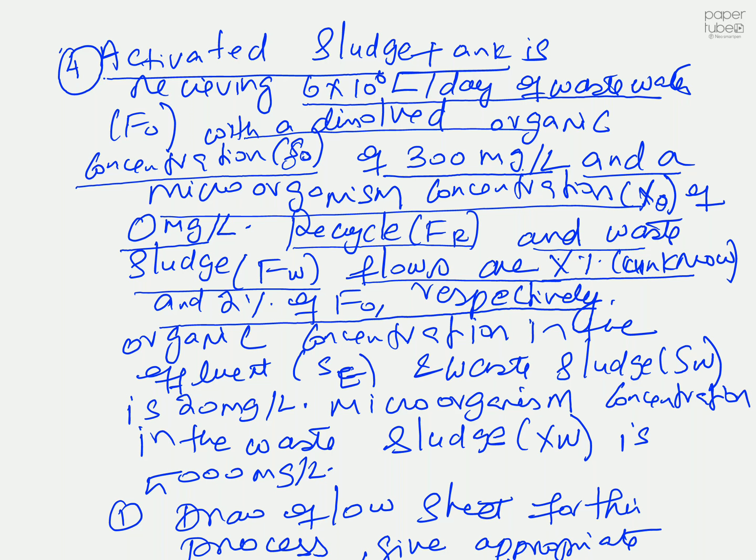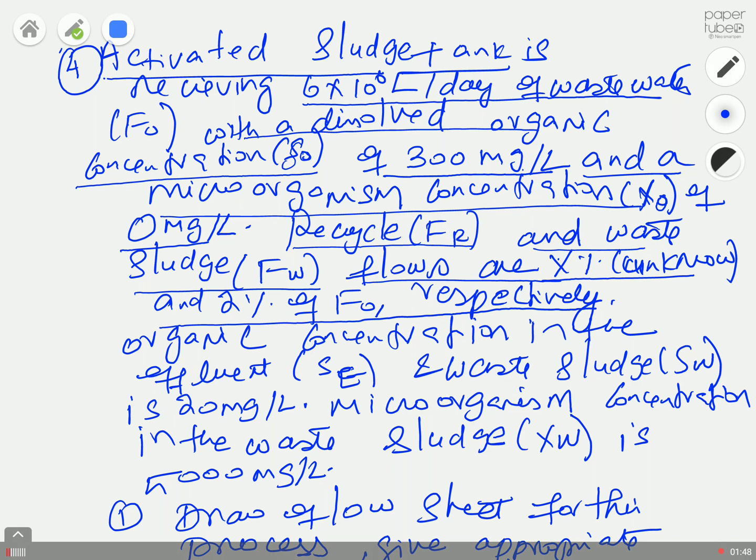F0 is your feed stream that goes into the activated sludge tank, and recycle and waste sludge we will see soon, what they mean. I will explain when I explain the activated sludge tank.